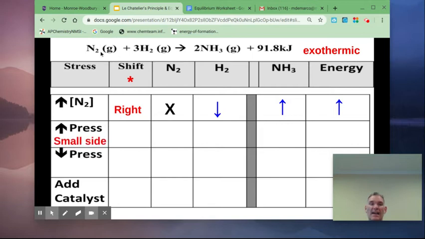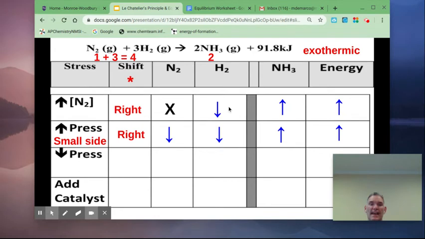So I have 1 and 3 is 4. I have 2 on this side. If I increase the pressure, I go to the smaller side. This side is 4. This side is 2. I'm going to the smaller side, right? So that's going to shift to the right. And if I shift to the right, well, right side goes up, left side goes down. So we should see down, down, up, up.